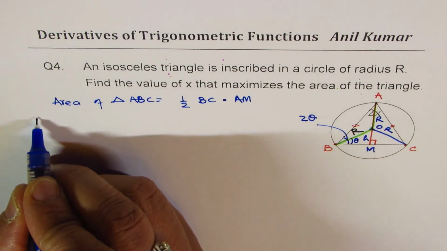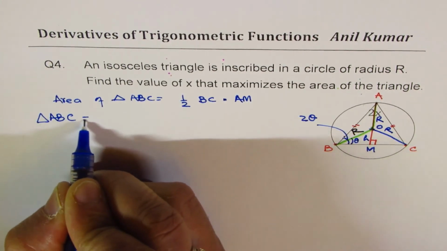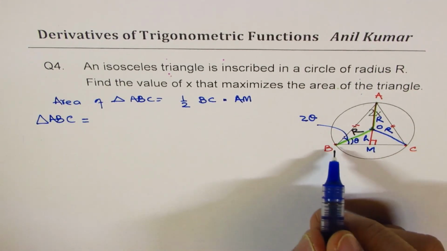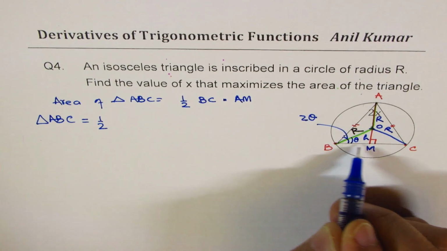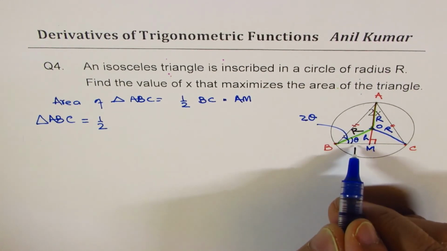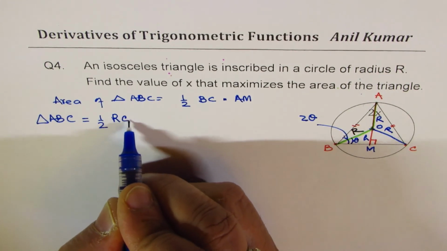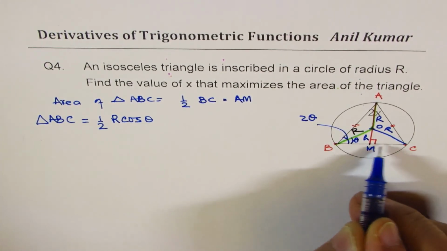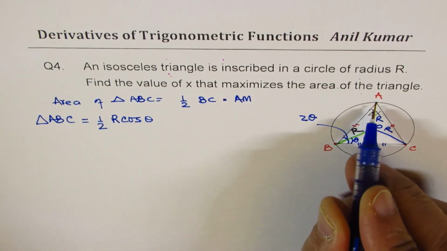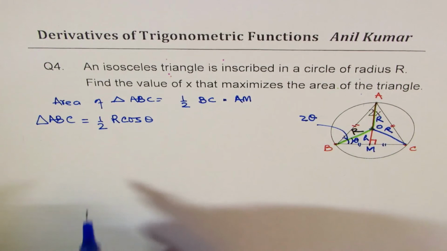So we could now write this area of triangle ABC as equal to half of BM, which is R cos theta, right? So R cos theta, and that is also the same because these two sides will be equal. It's an isosceles triangle. If I drop a perpendicular, it will bisect.